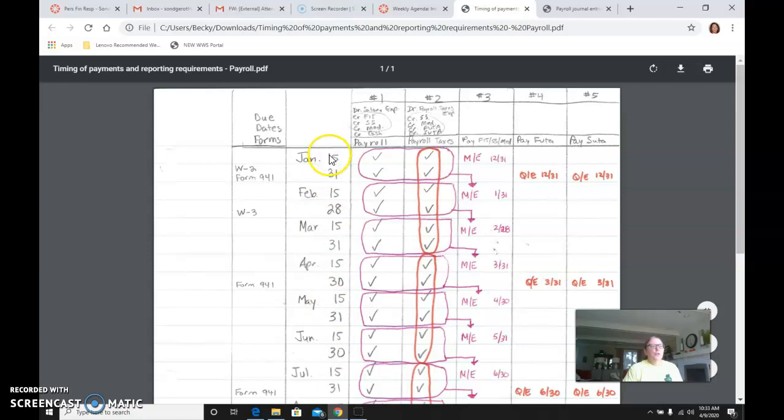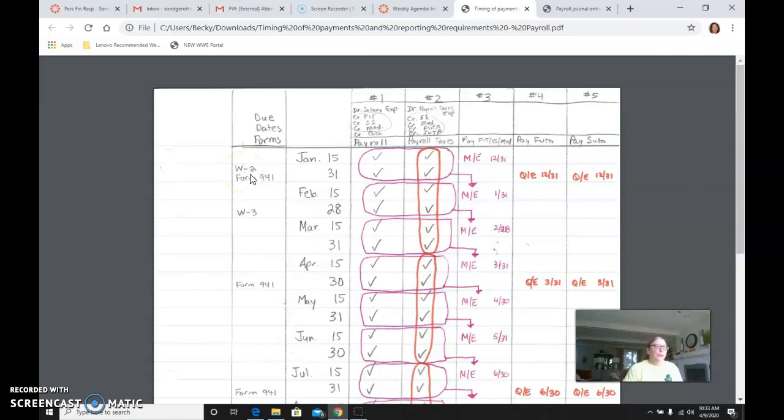As far as due dates of forms, I've tried to put those over here. So that's not making payments. That's just reporting requirements and when things are due. So a W-2 to the individual employees due by January 31st. Form 941 is also due, reporting the employer taxes. W-3 is just summarizing all those W-2s.